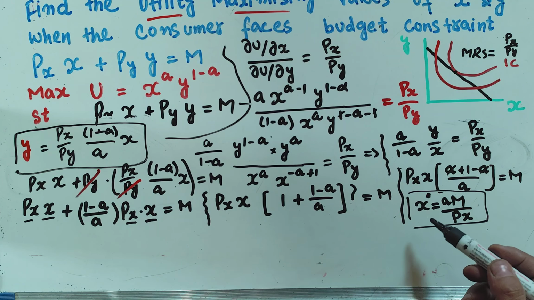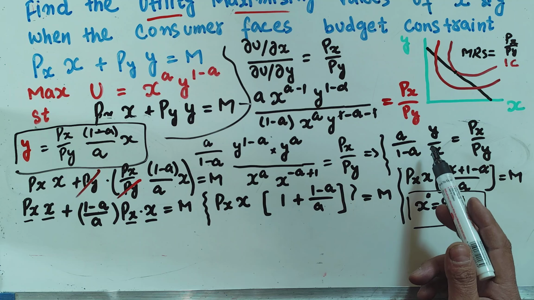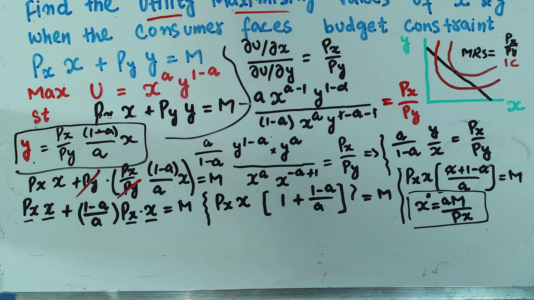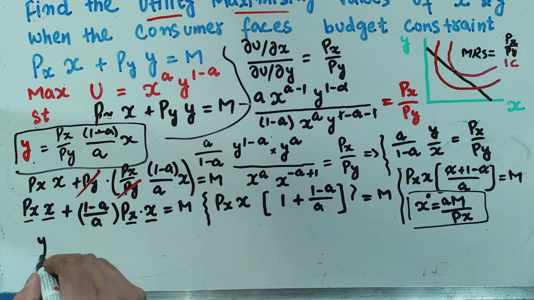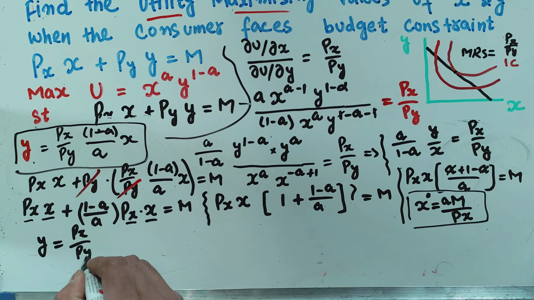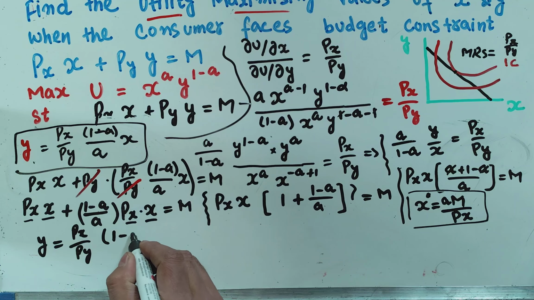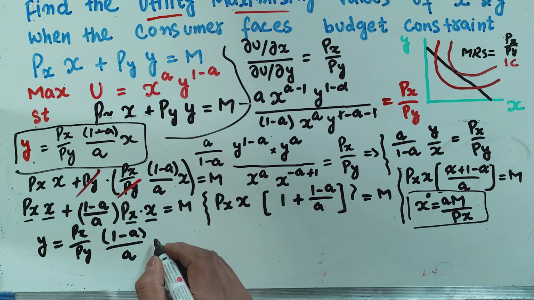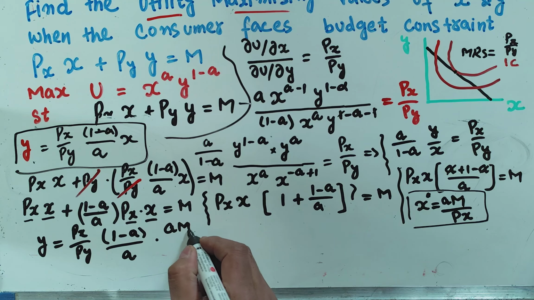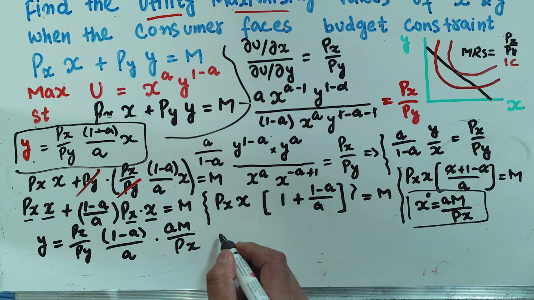So when we solve it, y will be equal to price of x divided by price of y times 1 minus a divided by a times the value of x that we got here, that is a times m divided by price of x.